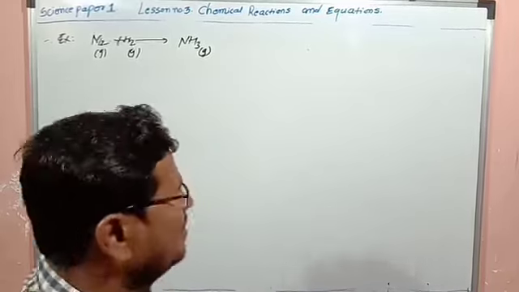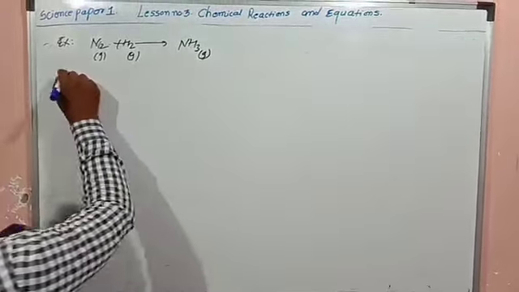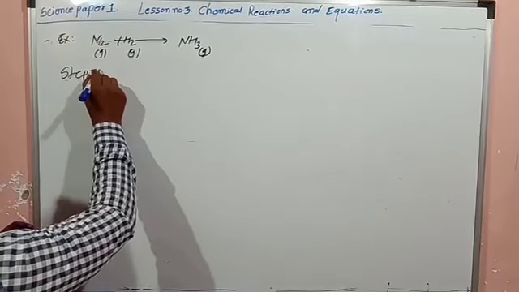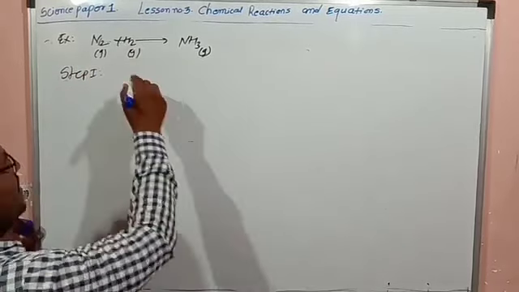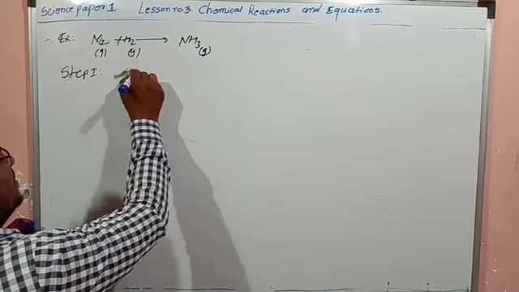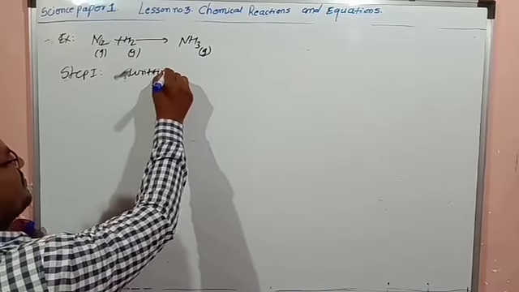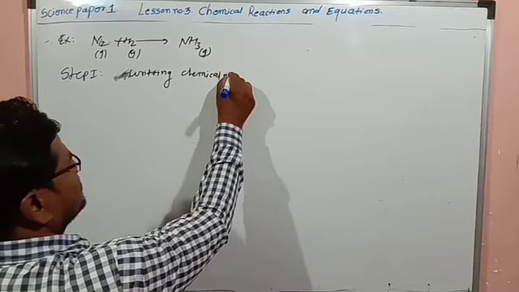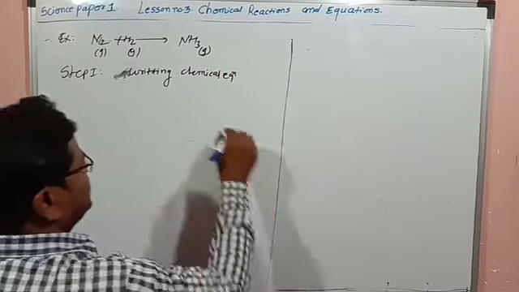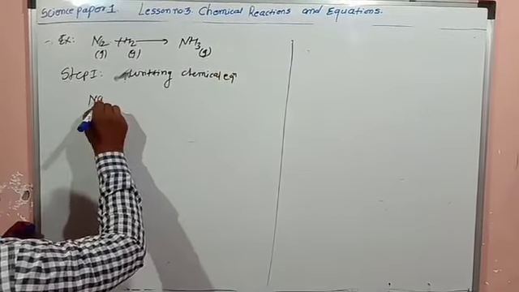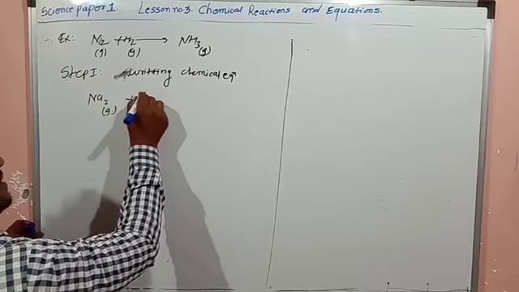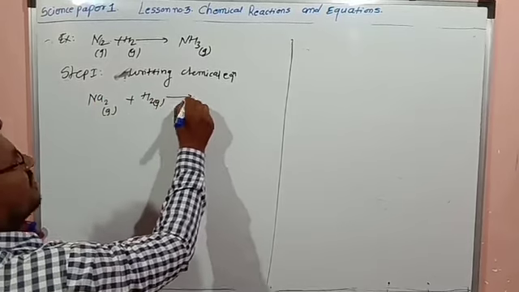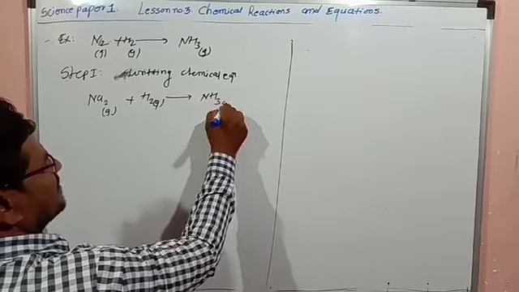This one also we will learn. So first step, you have to write the given chemical equation as it is. Writing chemical equation: N2 gaseous plus H2 gaseous gives NH3 gaseous.